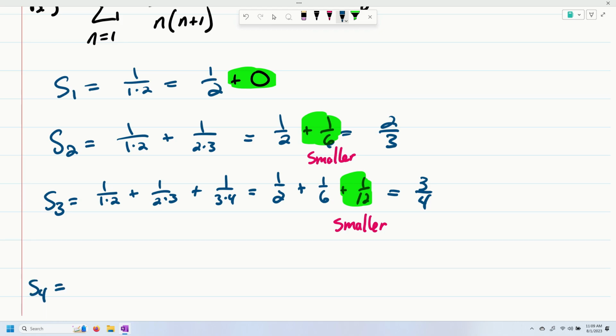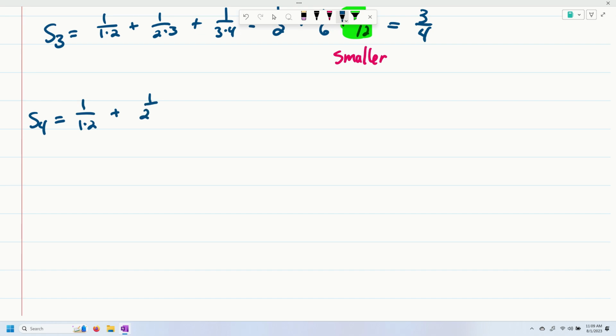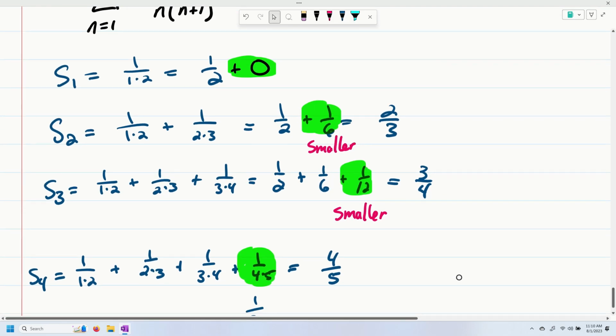So with our fourth partial sum, we end up getting the following. Sorry, I'm just writing it out real quick. I think you can follow along with me now. Notice here, we're adding 1/20th. And let me highlight now our partial sums.